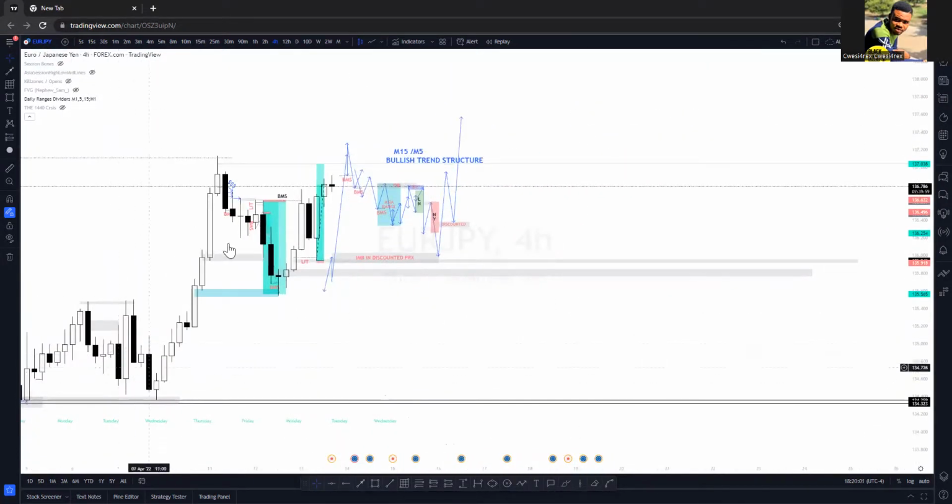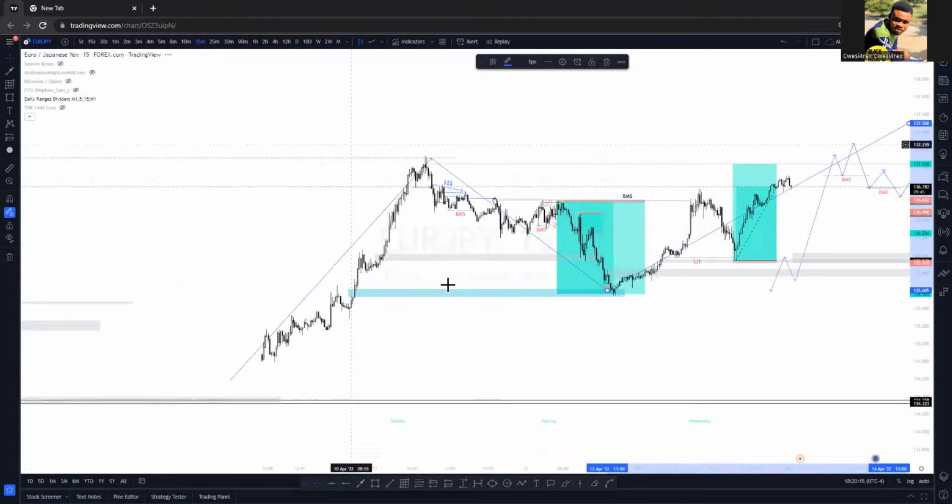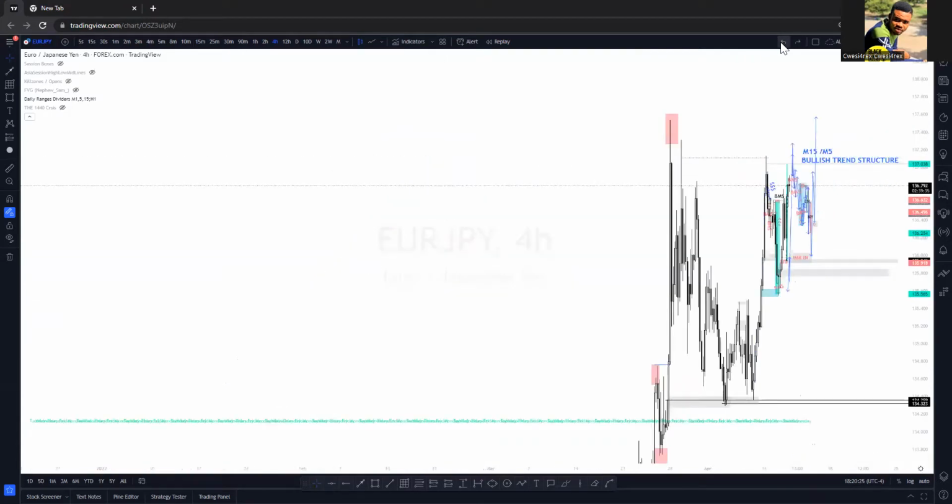You can see high, low, high. So it's just one move, just one impulsive move. But check the M15. Look at what happened. A lot of lower highs and lower lows formed.